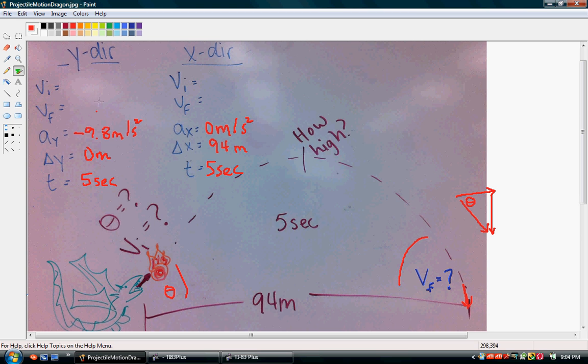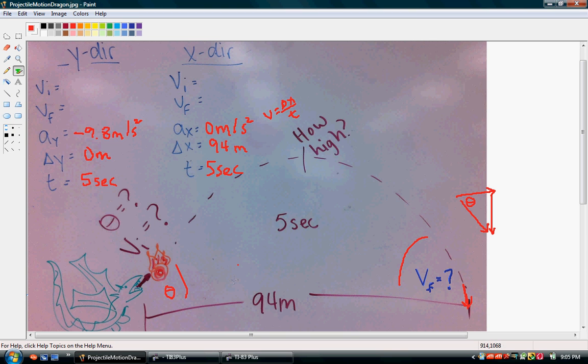And then we need to solve for the initial velocity of the fireball. So we know that displacement over time is velocity. In the x direction, since our acceleration is 0 and our velocity is constant, we have the luxury of using displacement, well, velocity is displacement over time.